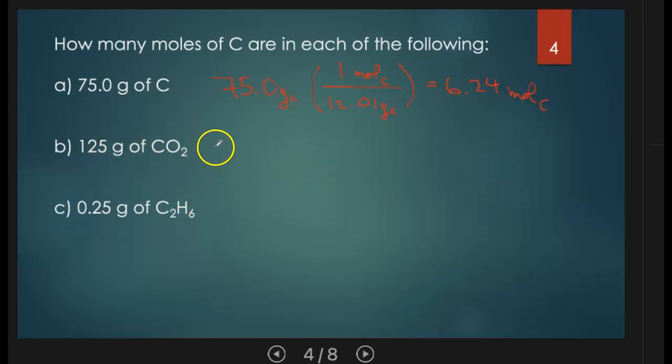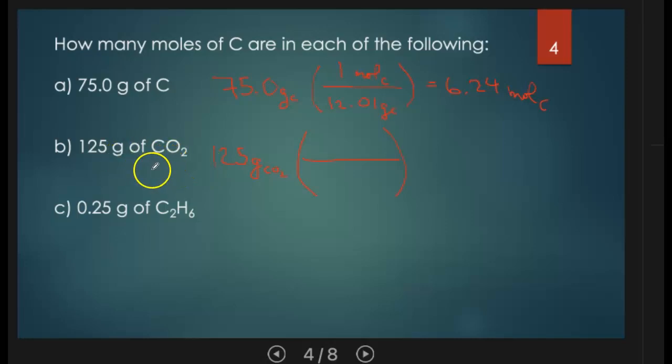All right. For the second one, we have 125 grams of CO2. For that, we're still going to have 1 mole of carbon going to grams of carbon. But first, we have to look at how many grams of CO2, right? So if I simply take 125 and divide by 12.01 like we did up here, is that going to give me the amount of carbon that's there?